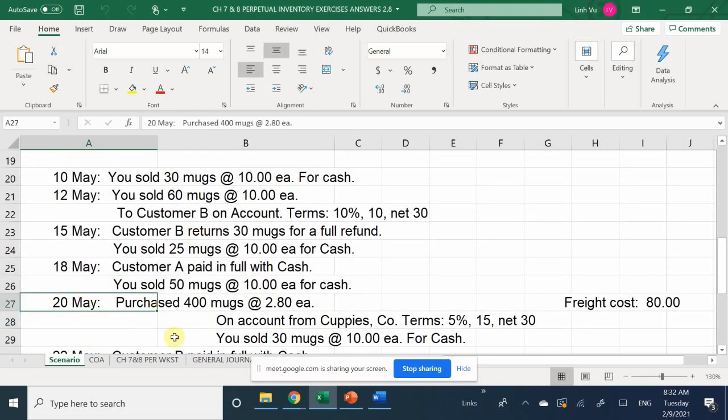So what happened here? You purchased 400 mugs at $2.80 on account with terms and a freight cost of $80. Where do you want to go first? Do you want to do the journal or the inventory worksheet?